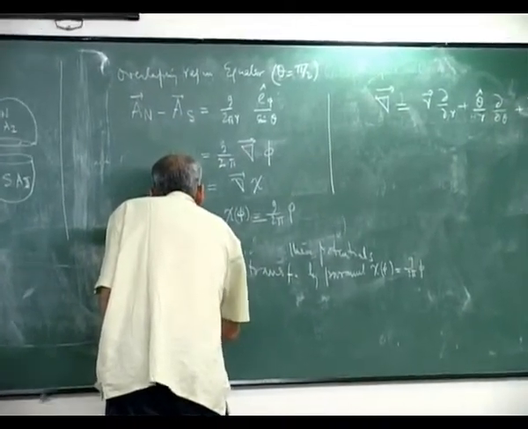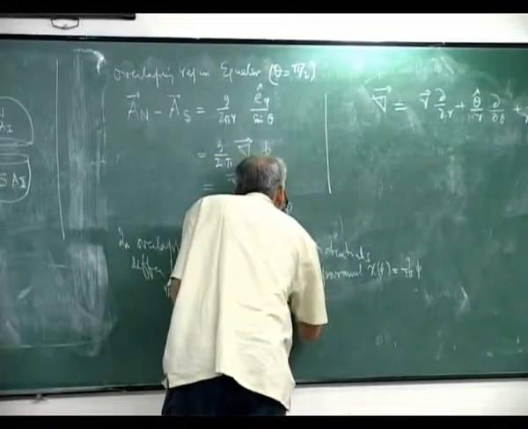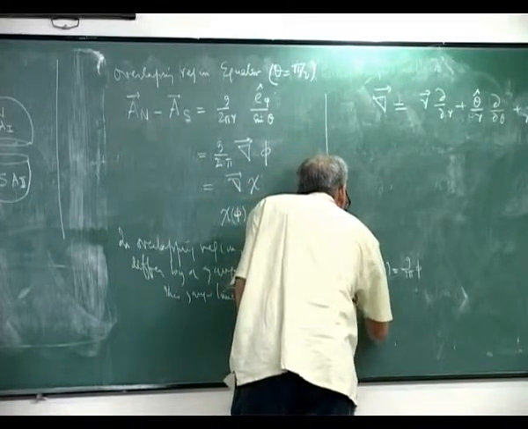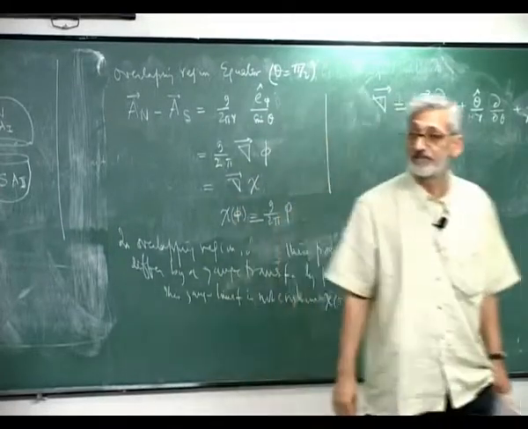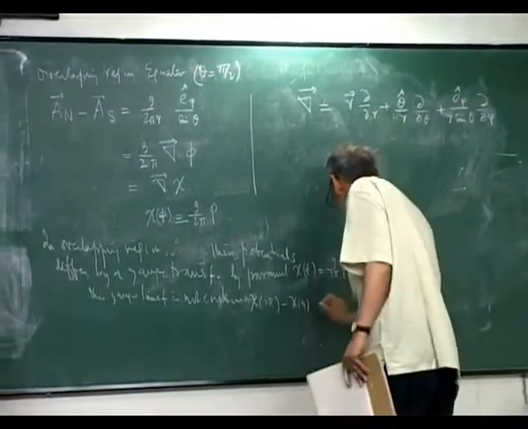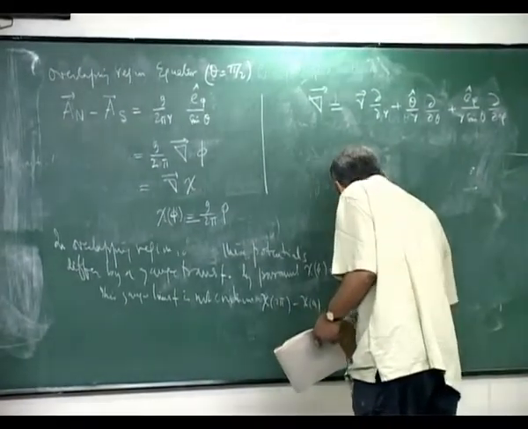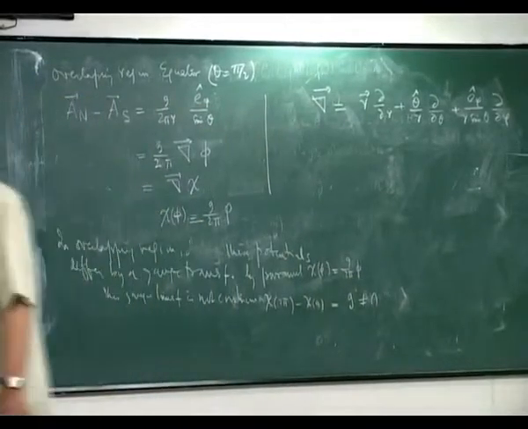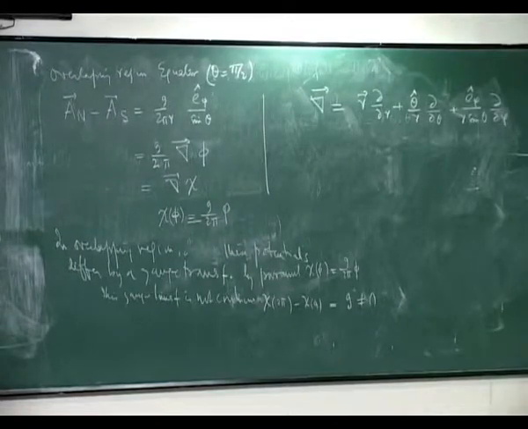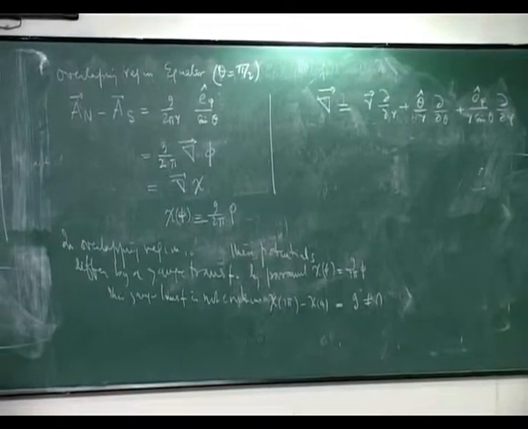This gauge transformation is not continuous, because chi of 2 pi minus chi of 0, which are the same point, phi 0 and phi 2 pi are the same point, the chi differs, and chi differs by g, which is not 0. Clear?